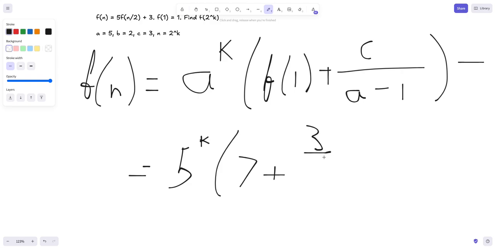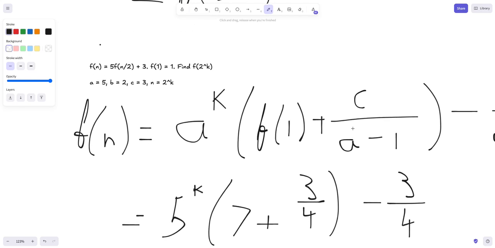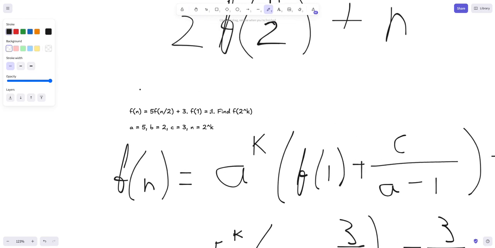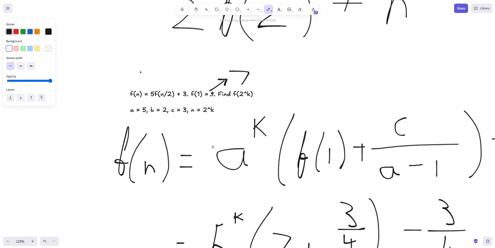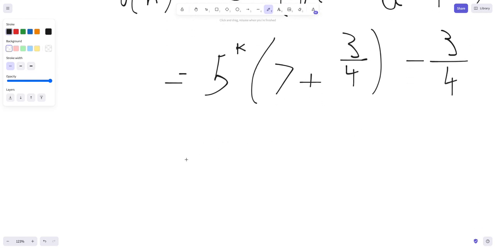Again, you can do the math. Oh, yeah, this is supposed to be equal to 7, not 1. There you go, that makes sense now.